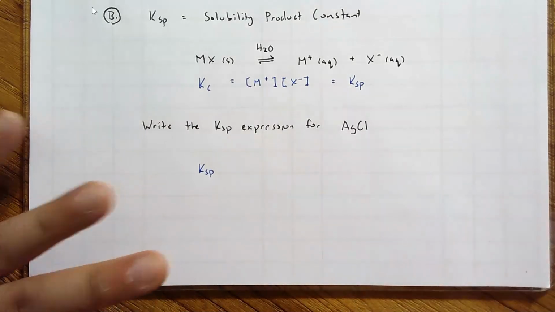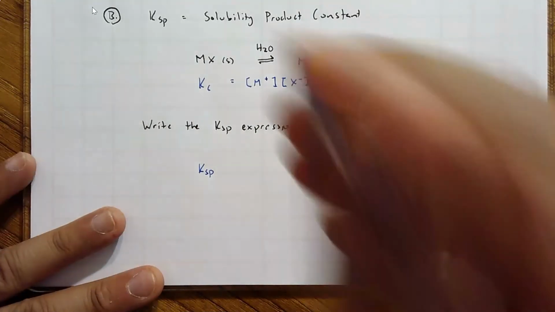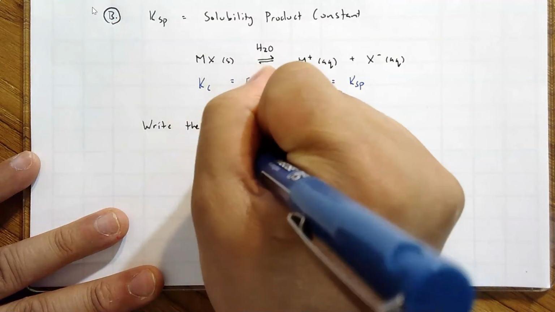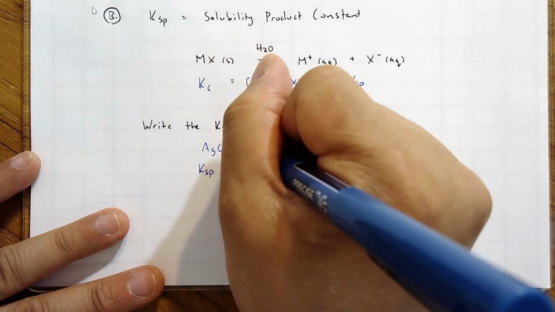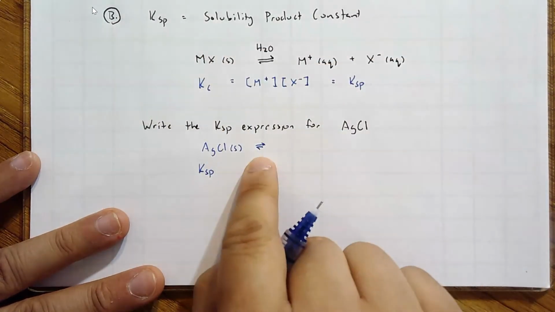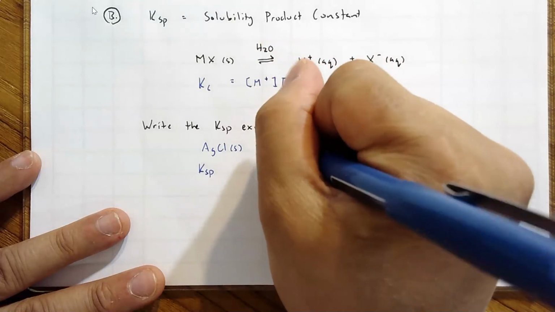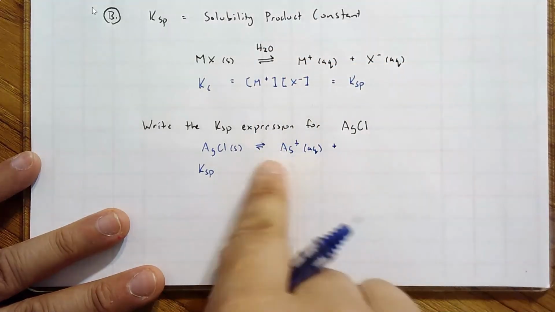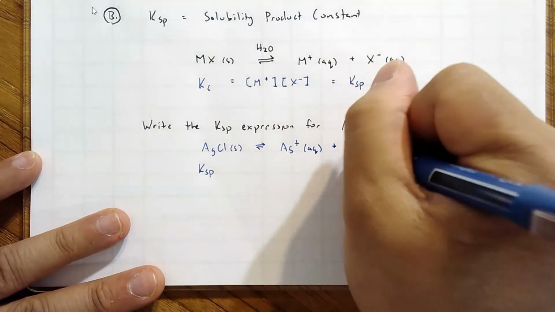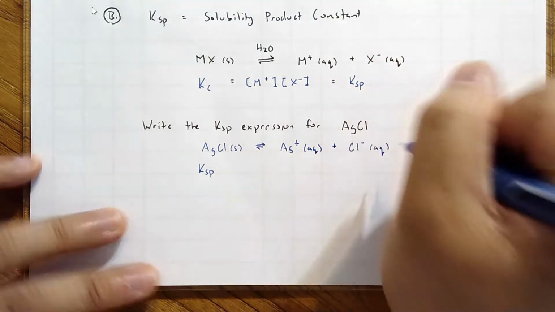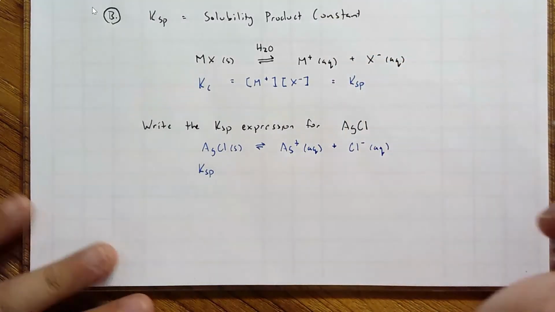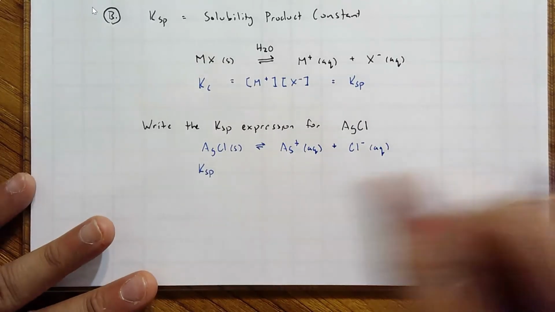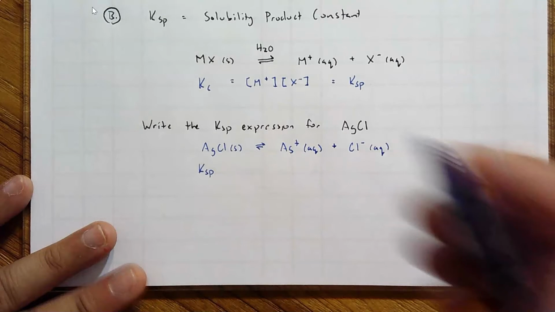Honestly, what you really should be doing is always start with a chemical equation when you're doing Ksp expressions. You don't have to write water, Ag+, but it is helpful to write the states. Cl-. When you break up these salts, it is your responsibility to know what charge these ions are.